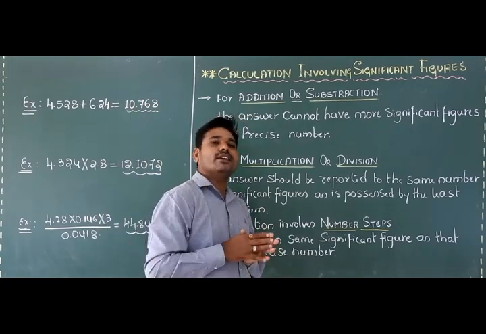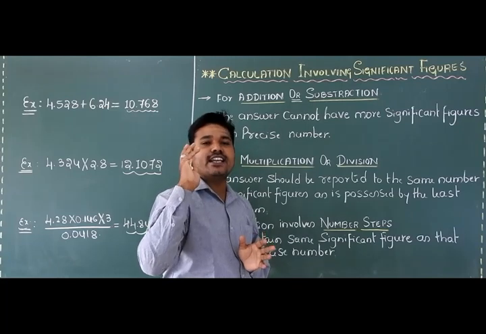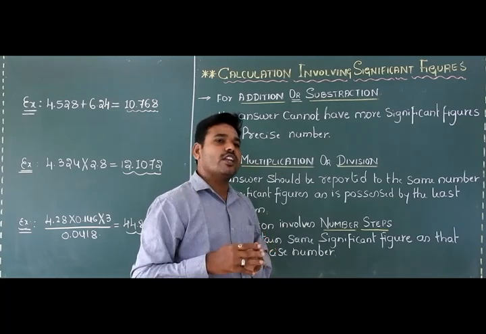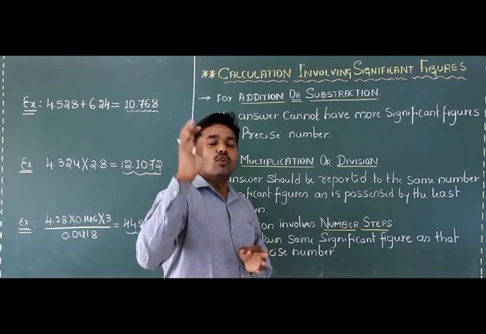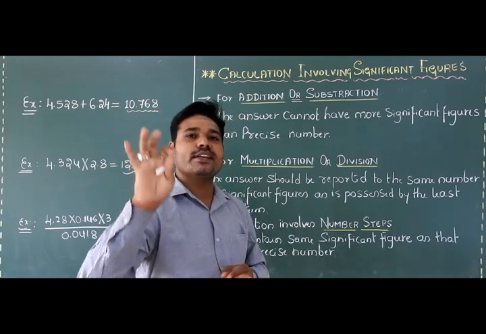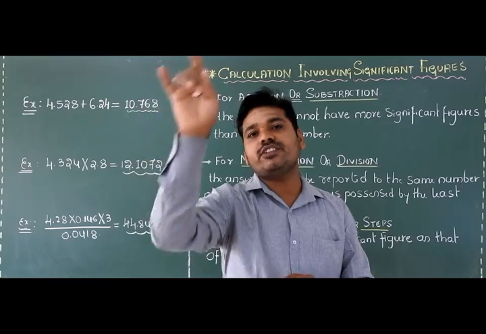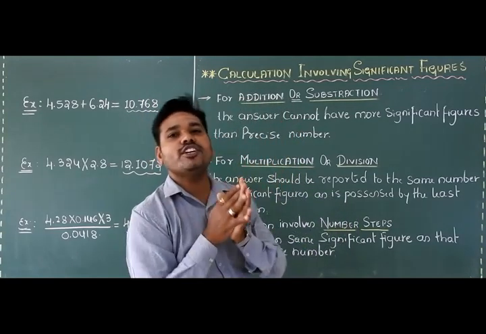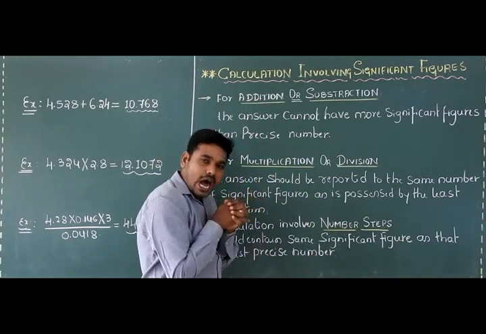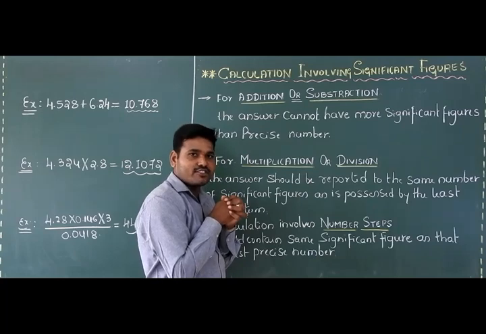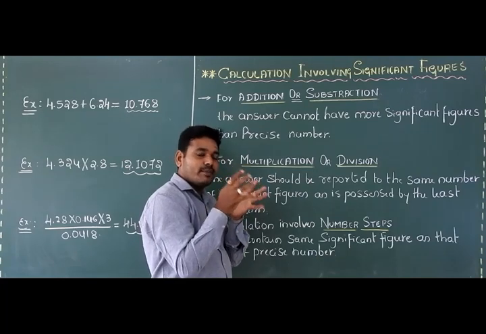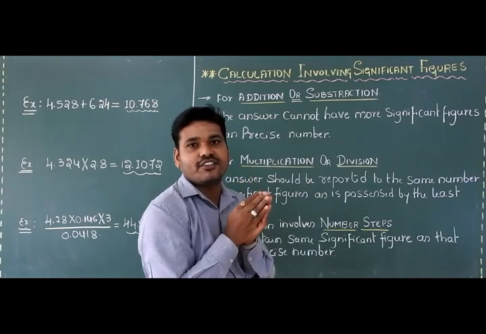Suppose the given number is less than 1. In such cases, only the zeros present at the right end of the number and the zeros present between two non-zero digits are counted as significant figures, students. All these are the rules for counting significant figures.